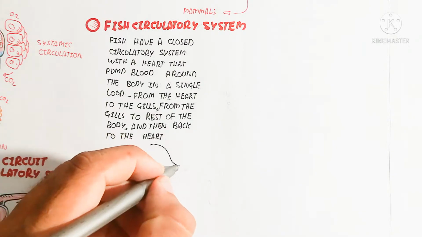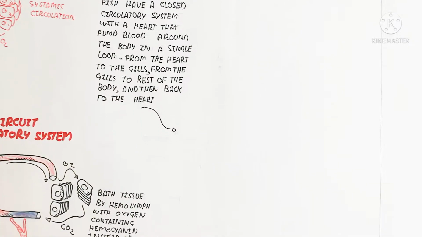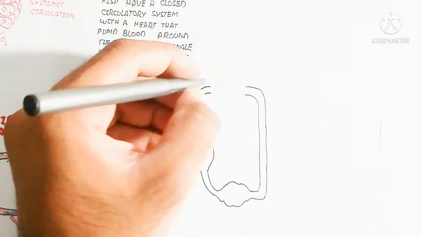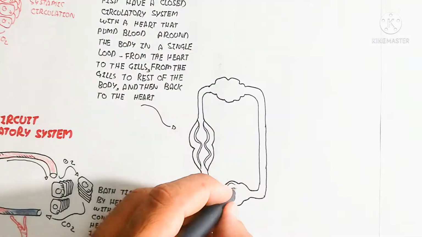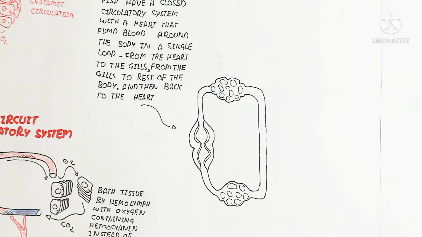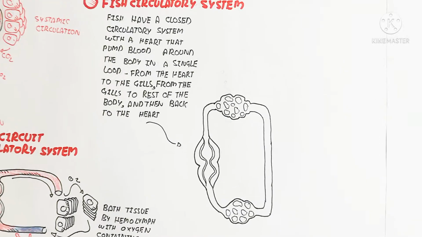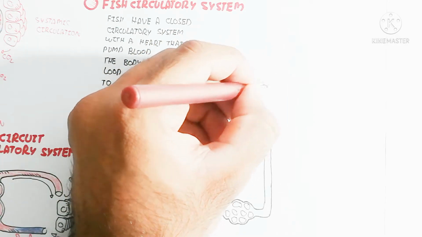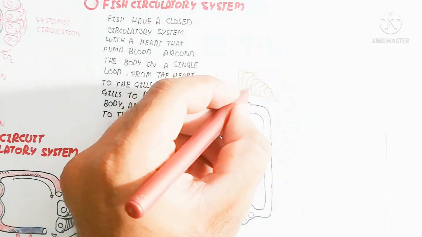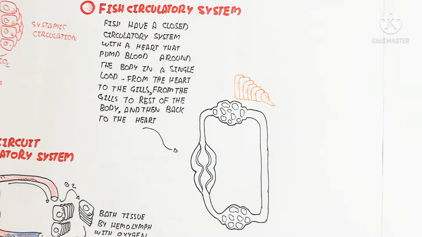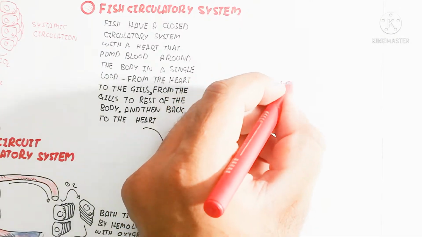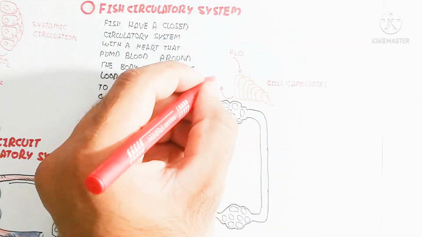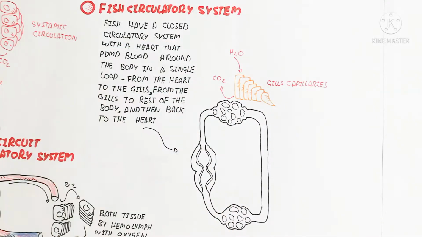In fish, after the systemic circulation through the systemic capillaries, the deoxygenated blood moves into the heart. The heart is two-chambered, containing an atrium and a ventricle. Blood first goes into the atrium, and then is pumped by the ventricle toward the gill capillaries.